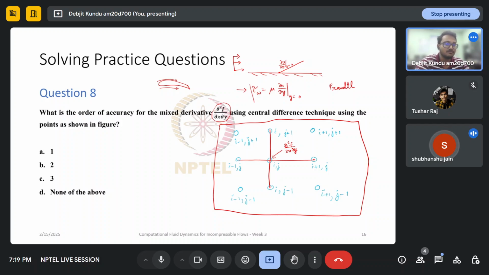So that was the main motivation during World War II, which led to a lot of development in this boundary layer theory and all that.